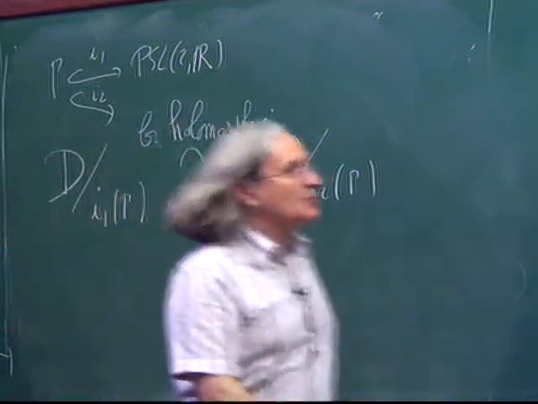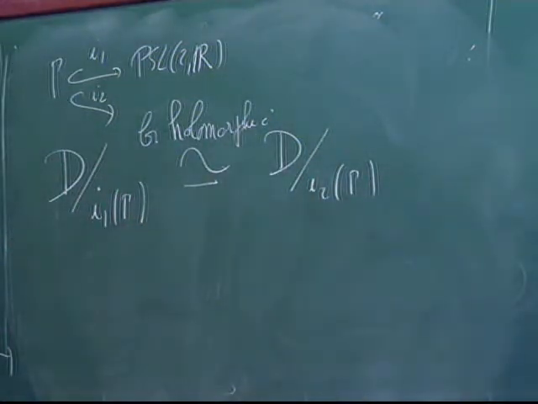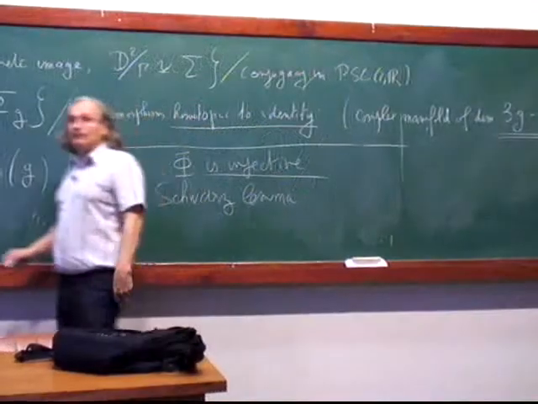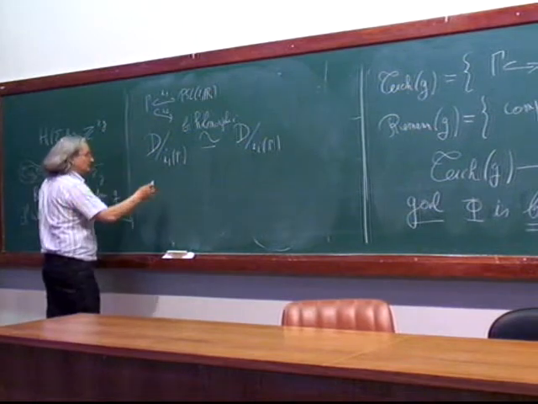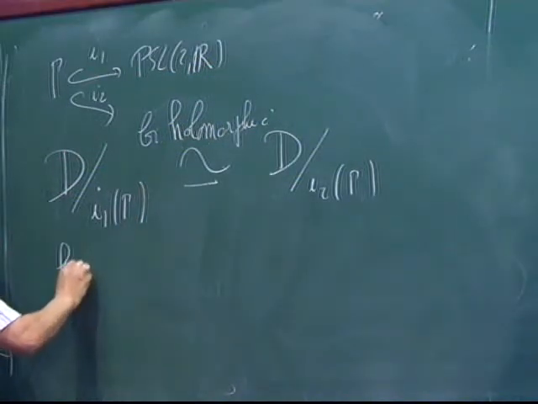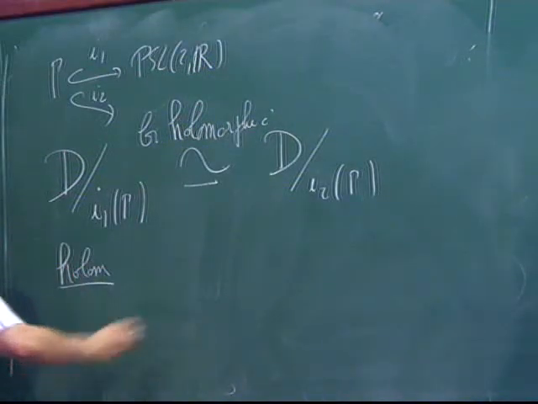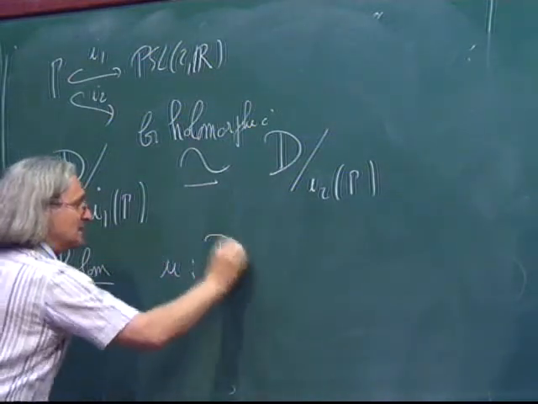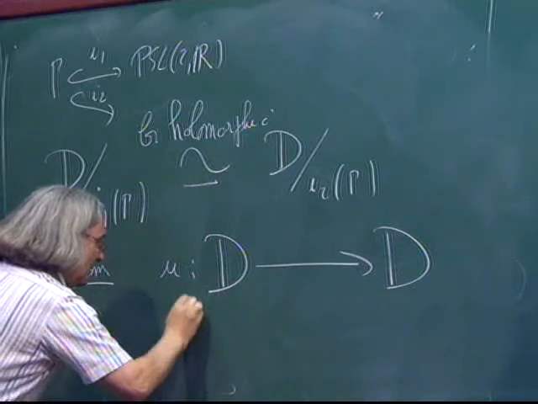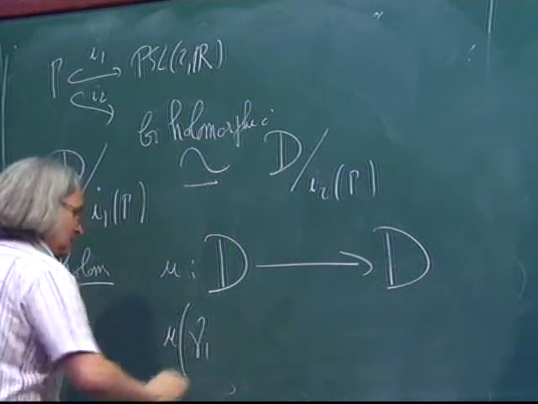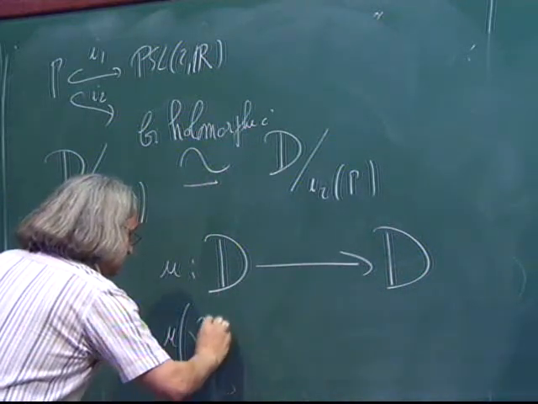And moreover, they would be biholomorphic by something homotopic to the identity. So there would be a holomorphic map, let's say U, from the disk to the disk, which would conjugate the two actions.